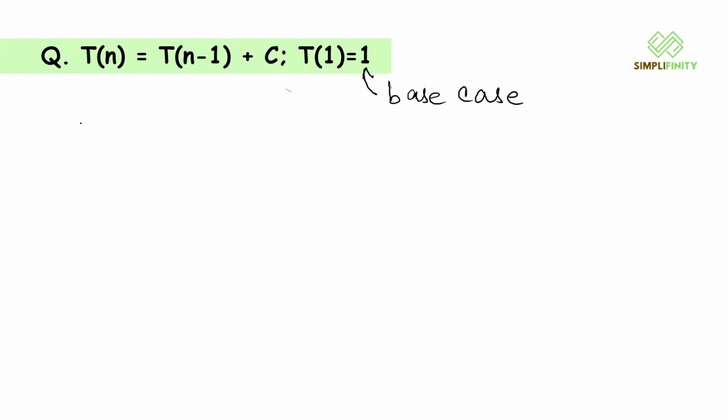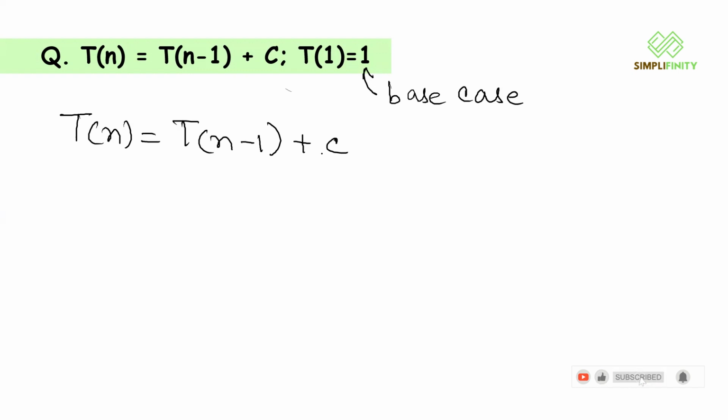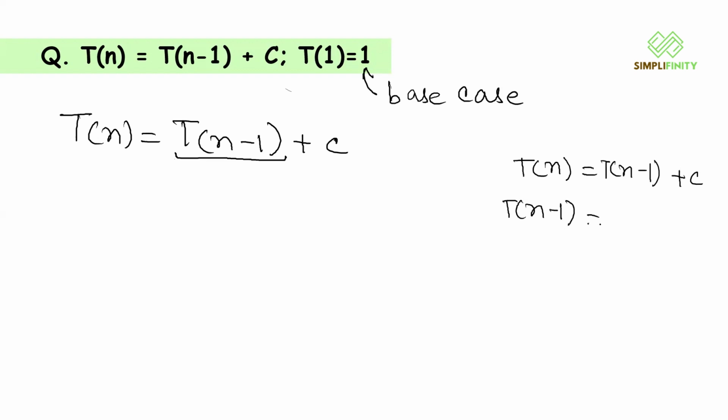So let us start. We need to take out the general equation out of this. T of n equals T of n minus 1 plus C. How do we proceed? As the method name is substitution, we have to repeatedly substitute and unroll the carpet. Now we need to substitute T of n minus 1. If T of n equals T of n minus 1 plus C, T of n minus 1 will be what?